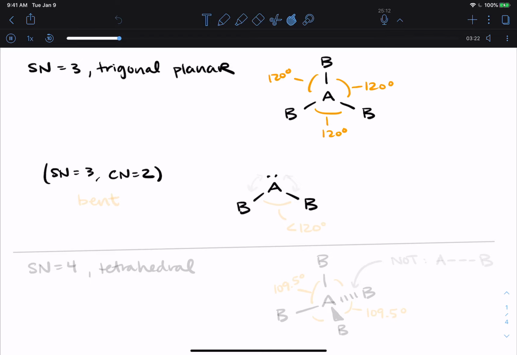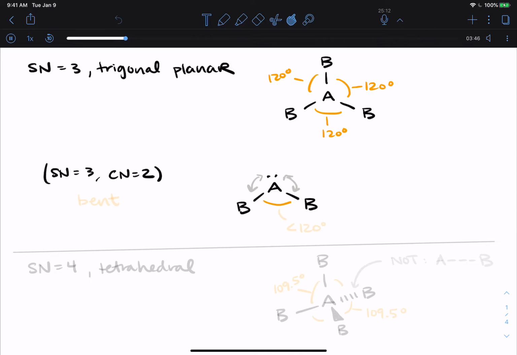Now I start out with a 120 degree bond angle between these 2 B atoms, but because of my repulsion order, this lone pair is repelling the bonding pair more than when it was a bonding pair, and it's repelling more on this other side.